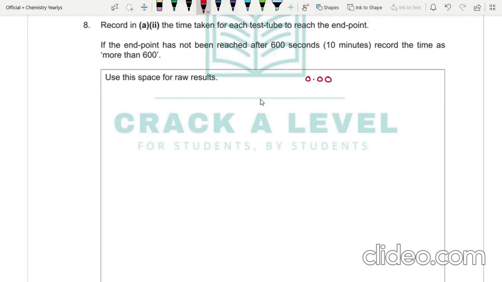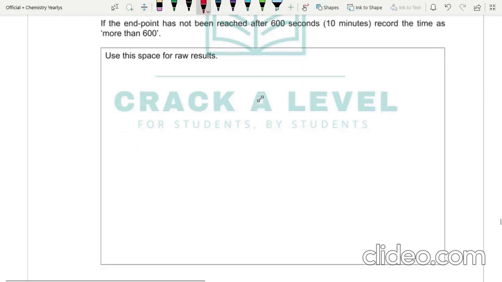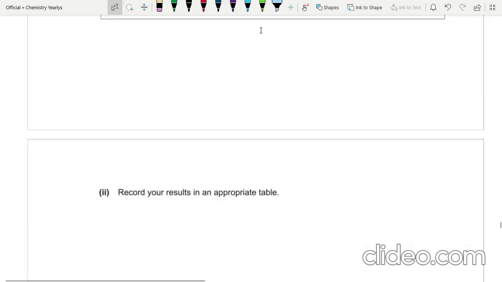So for example, if it shows up at 124 seconds, which is about 2 minutes and some seconds, we are not going to be stopping the timer. We are just going to be noting the time in the raw results, and we will let it run till the end. So this is why we are recording here in this space for raw results. Now let's move on.